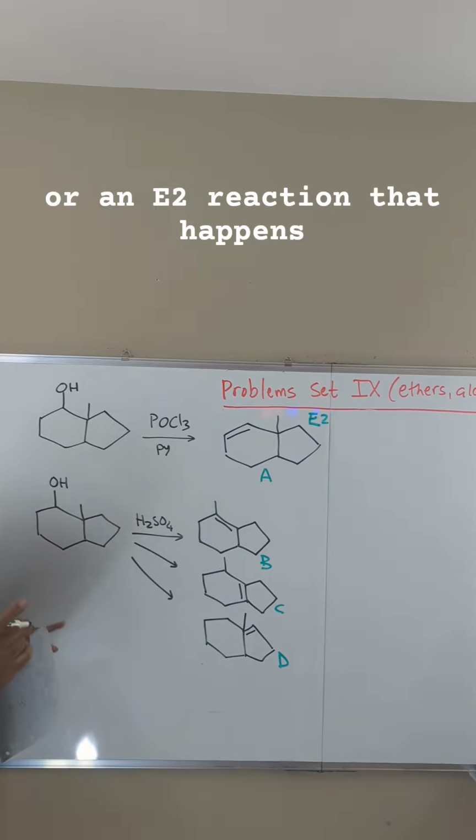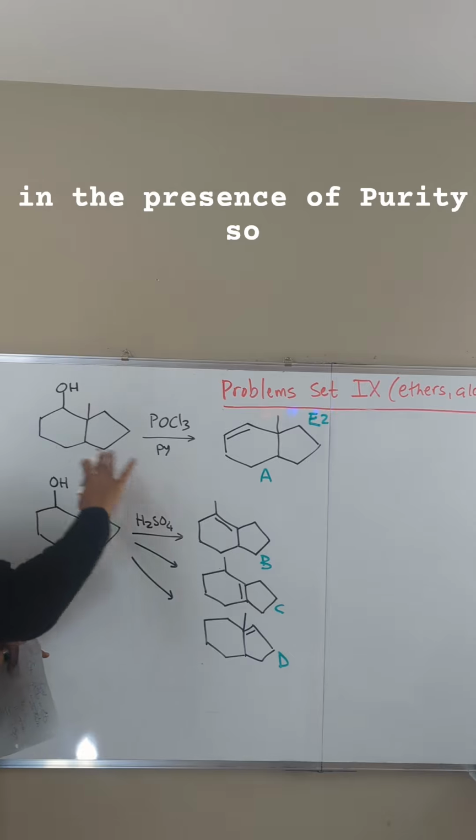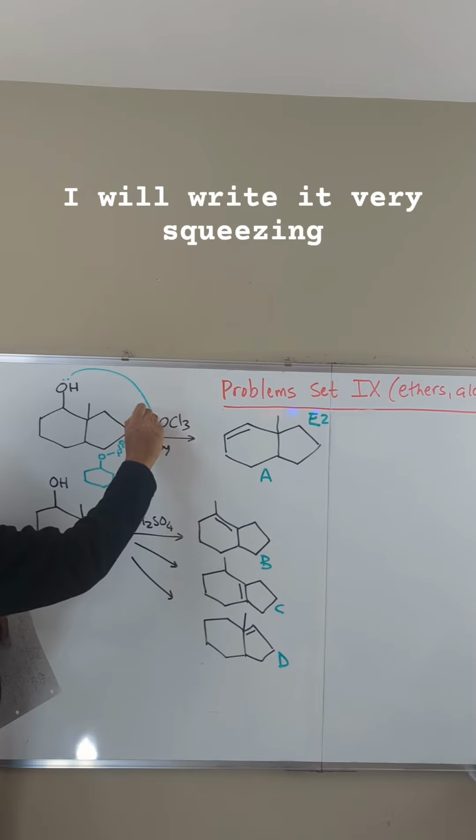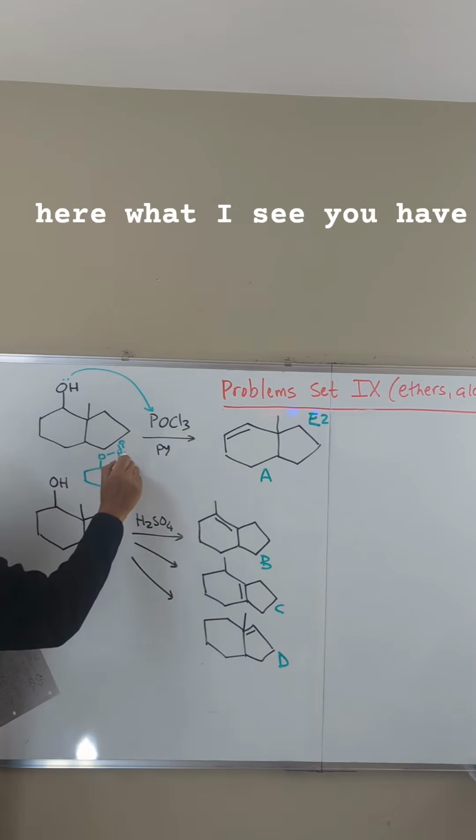So if I were to draw a mechanism for this one, I will write it very squeezed here. What I see is you have this O, and the phosphorus would coordinate here, because this oxygen would attack that phosphorus. One chlorine leaves.